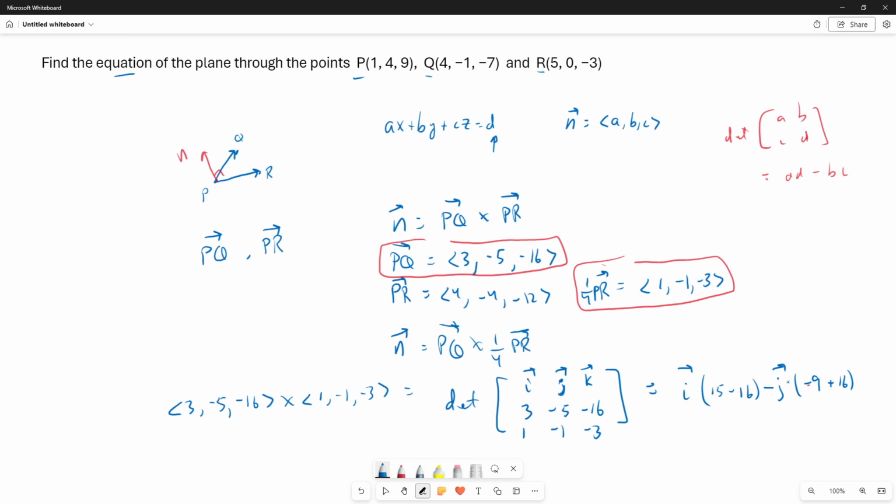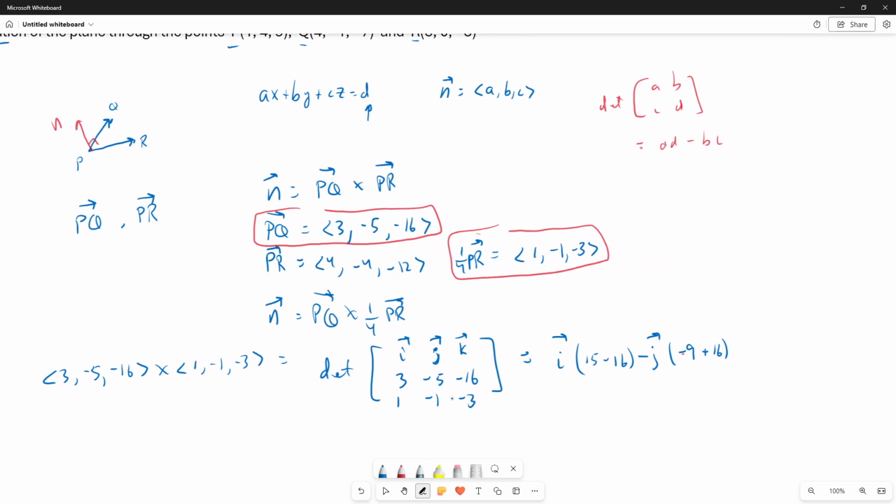And then we have plus k times the determinant of the 2 by 2 matrix that we see here, which is negative 3 minus negative 5, so negative 3 plus 5. So our normal vector is I times negative 1, or negative I, and then minus j times 7, so minus 7j, and then plus 2k.